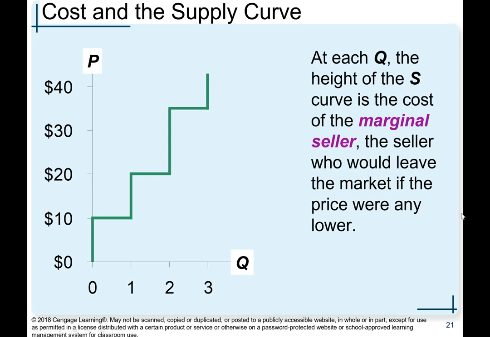So at each output, Q is output, the height of the supply curve is the cost of the marginal seller. The marginal seller is the seller who would leave the market if the price were any lower. Here, Jack's cost was $10.